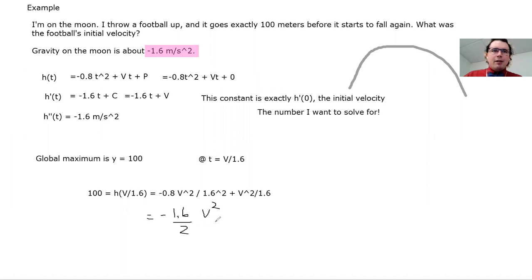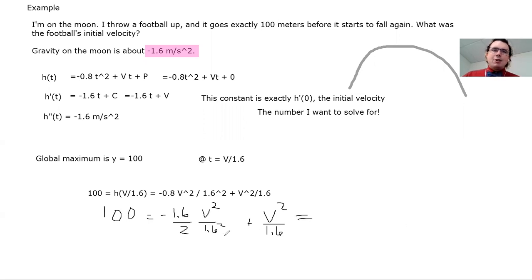V squared divided by 1.6 squared. Okay, keep going. And this is plus v squared divided by 1.6. All of that is equal to 100.